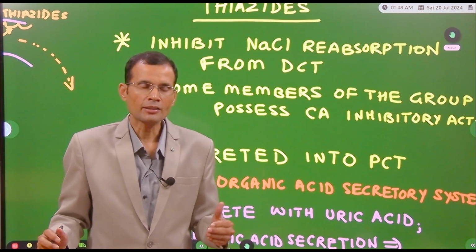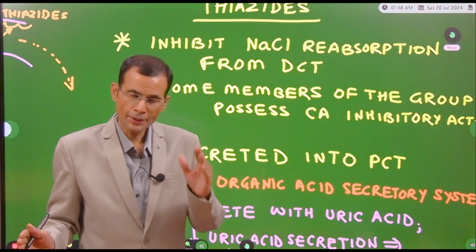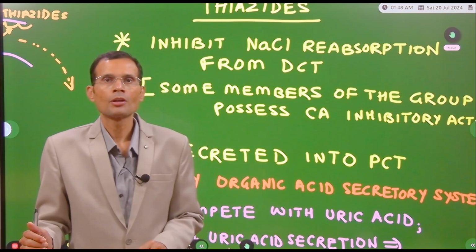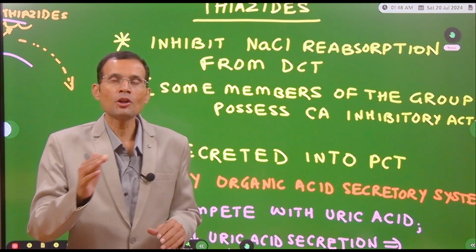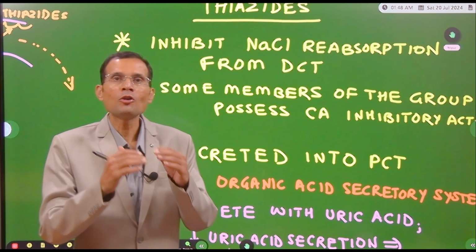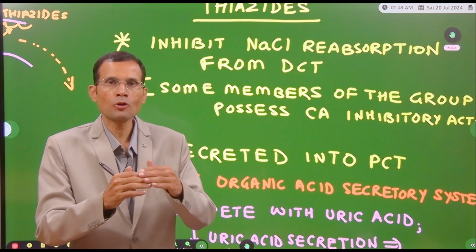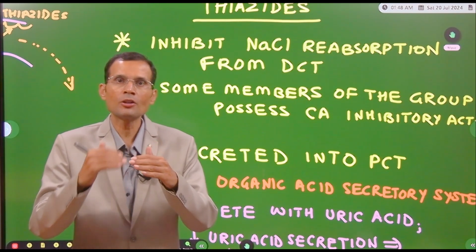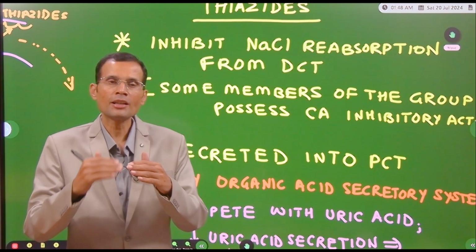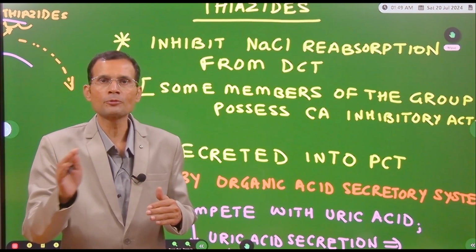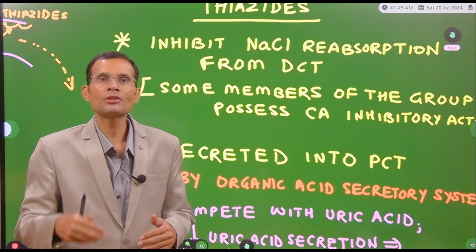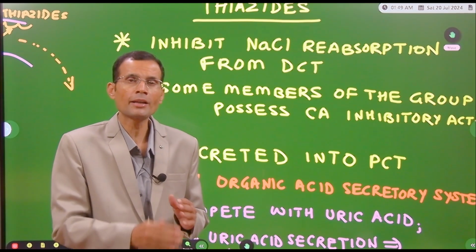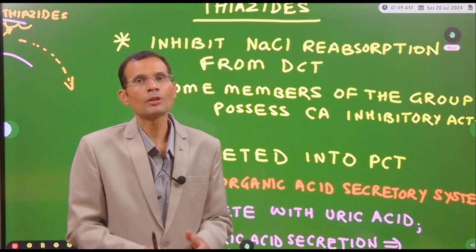I reiterate the fact, many of the diuretics act by inhibiting the sodium chloride reabsorption, and the efficacy of a diuretic will depend on how much sodium chloride is being reabsorbed by that particular segment, because the diuretic is acting on that segment. More the sodium chloride reabsorption being blocked by a diuretic, more efficacious will it be.